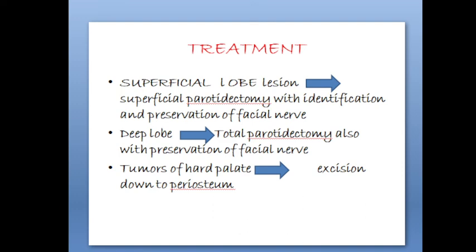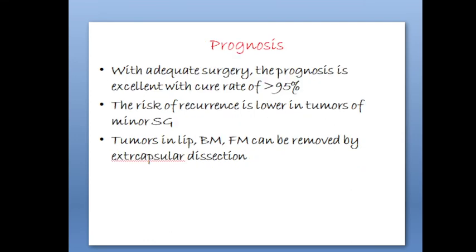In that case, we have to answer it as superficial parotidectomy, because maximum of the pleomorphic adenomas occur in the tail of the parotid, that is in the superficial lobe, and treatment of the superficial lobe of the parotid is superficial parotidectomy. If the examiner asks specifically about tumors in the deep lobe, then the treatment of choice is total parotidectomy along with preservation of the facial nerve, and for tumors of hard palate which are small and not capsulated, the treatment is excision.